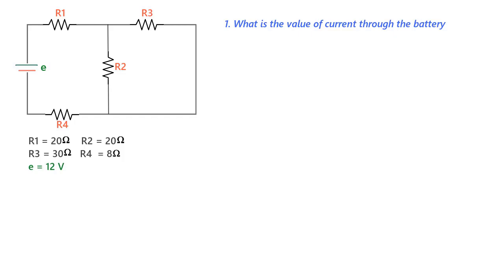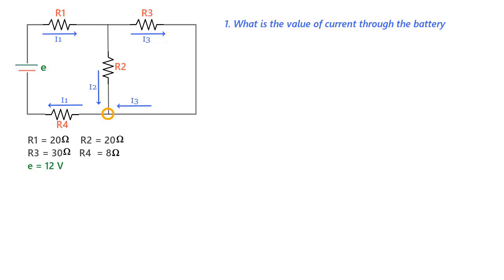Well, we could have started off by labeling current values in each wire as, say, I1, I2 and I3, and also noting that current I1 will flow through R4 as well, since I1 splits into I2 and I3, and when I2 and I3 merge again at this junction, you should get back the same current I1 here as well.